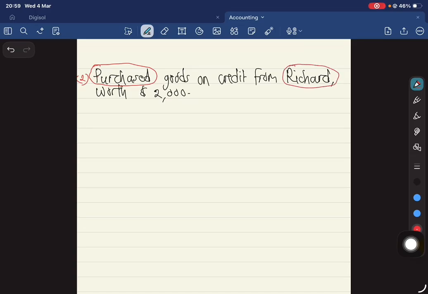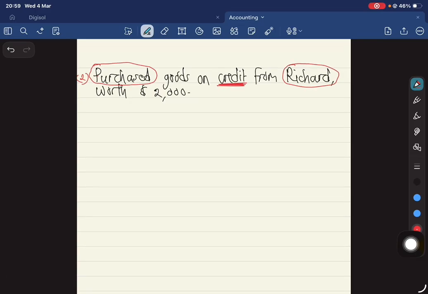And here is the keyword: we purchased goods on credit, meaning we didn't pay. Richard is our supplier. Richard supplied us goods on credit, and we didn't pay for the goods Richard supplied.